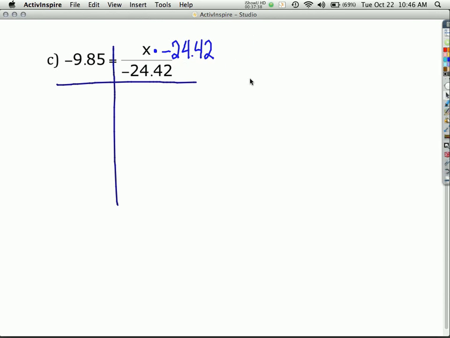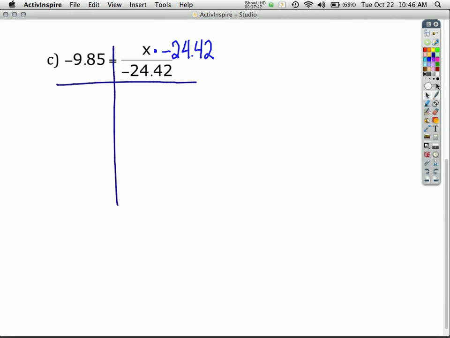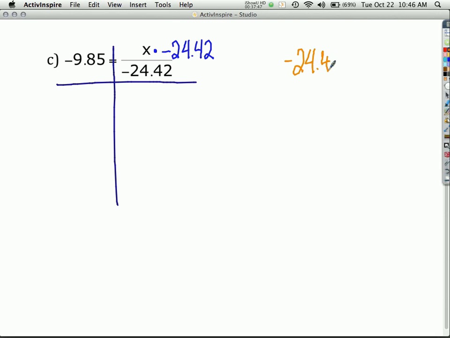Because when we have a number on top of a fraction and on the bottom, what do we end up with? Kivan? We do not end up with 0. What do we end up with when we divide a number by itself? Danae? 1. And that's our goal, to get a 1.